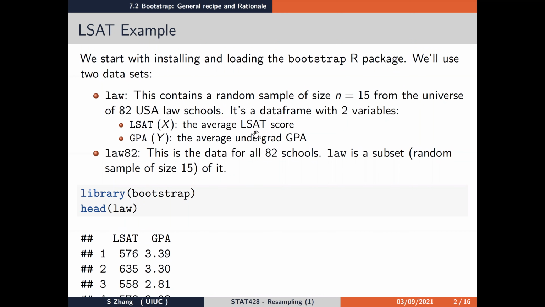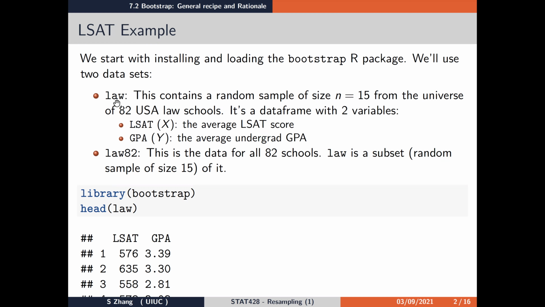So we'll start with installing and loading the Bootstrap R package. If you haven't already, please install this Bootstrap R package. You can either do it in the bottom right corner inside RStudio, or you can say install.packages quote bootstrap inside your own console. We'll use two data sets inside this Bootstrap R package.